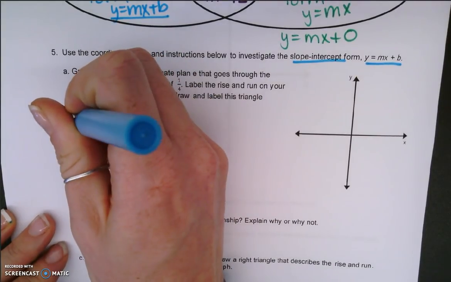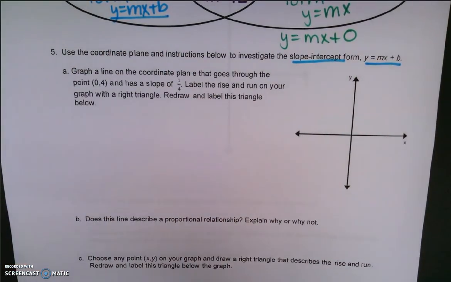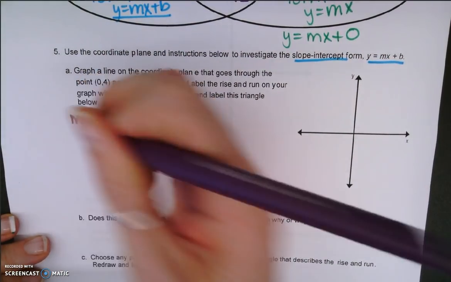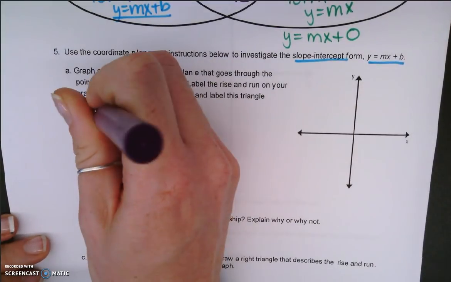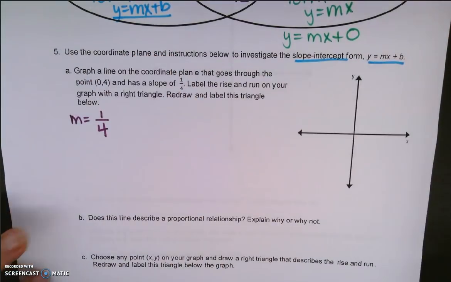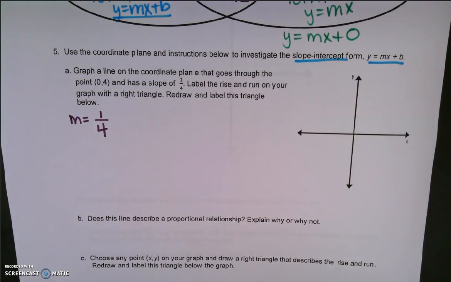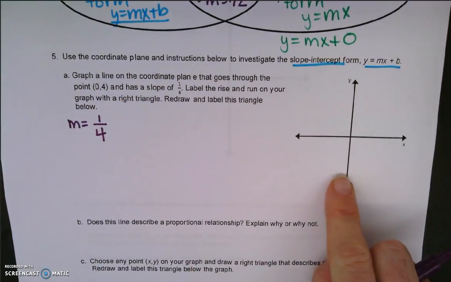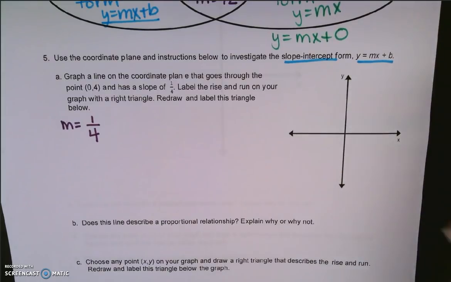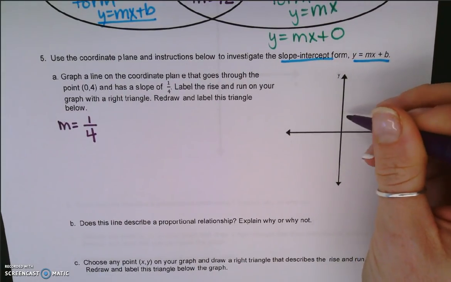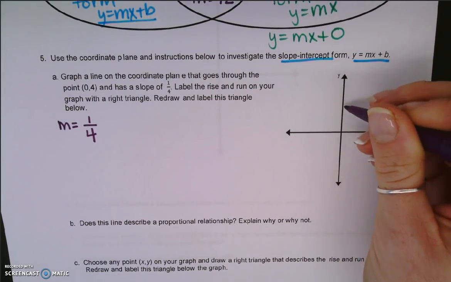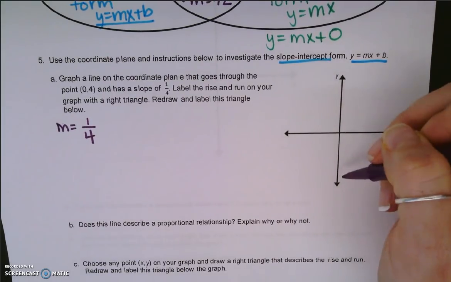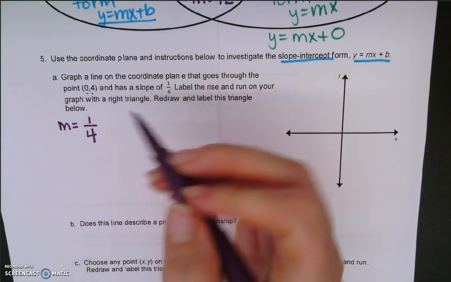So remember, our first slope we're going to be looking at, m, our slope, which is rise over run, is 1/4. So what we're going to do first is we're going to not draw any numbers on this graph, but we're going to say 4 is above 0 on the y-axis, the point 0, 4.